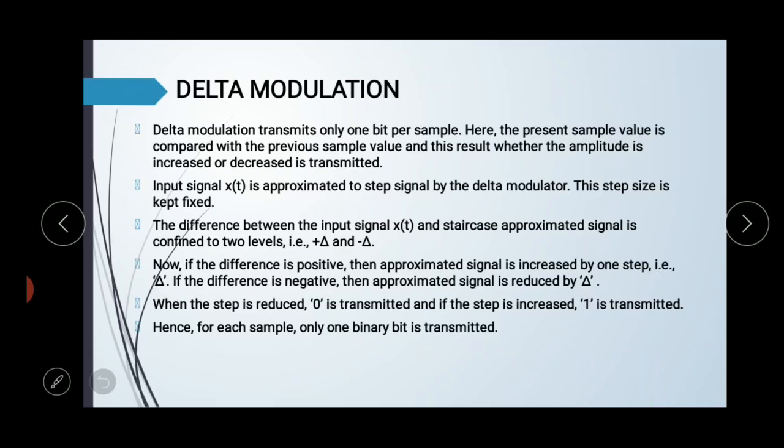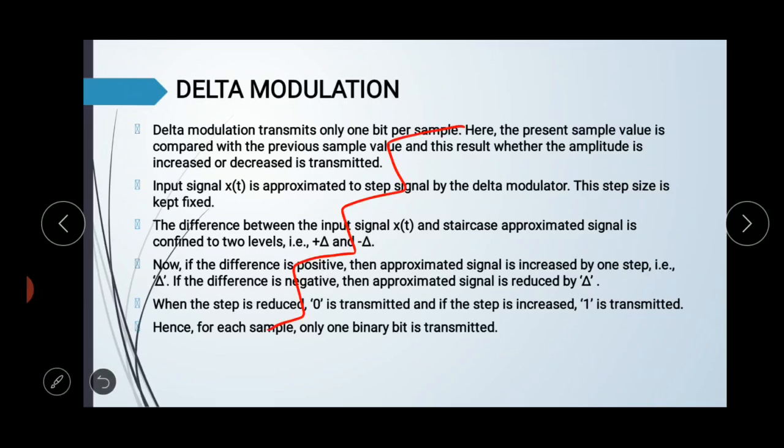So here it compares the present sample with the previous sample, and the input signal is approximated to the step signal by the delta modulator. The difference between the input and this approximated signal, that approximated signal is a staircase signal, like this. Okay, this one is the staircase signal.